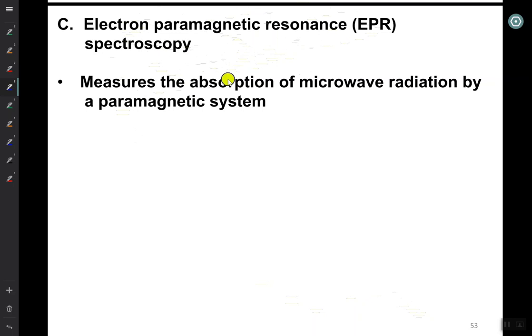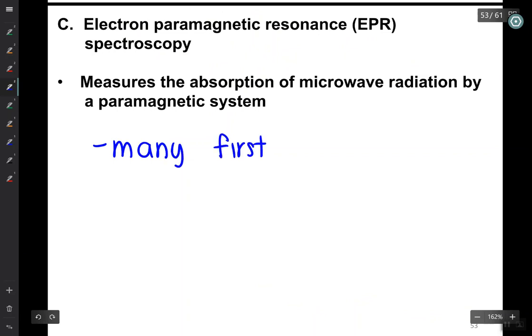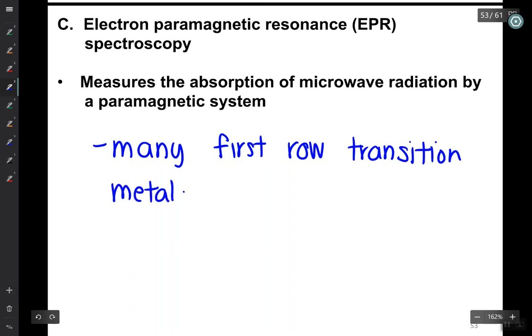It measures the absorption of microwave radiation by a paramagnetic system, and many first-row transition metals have unpaired electronic configurations.